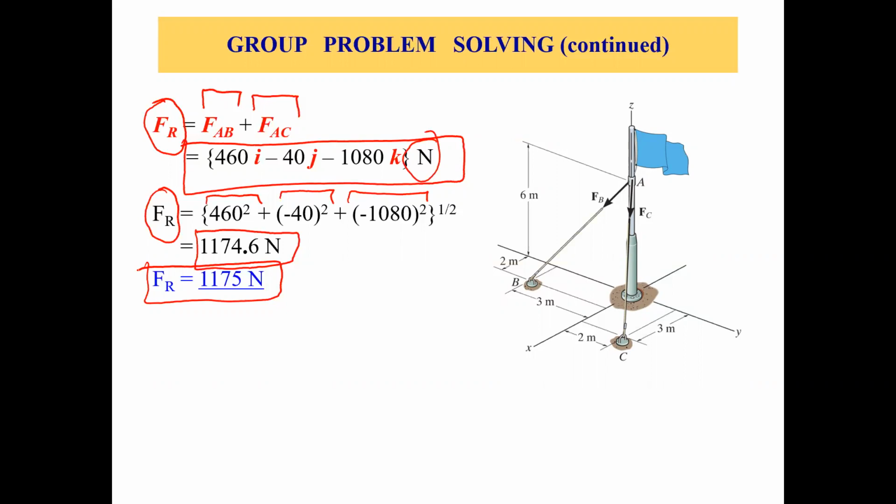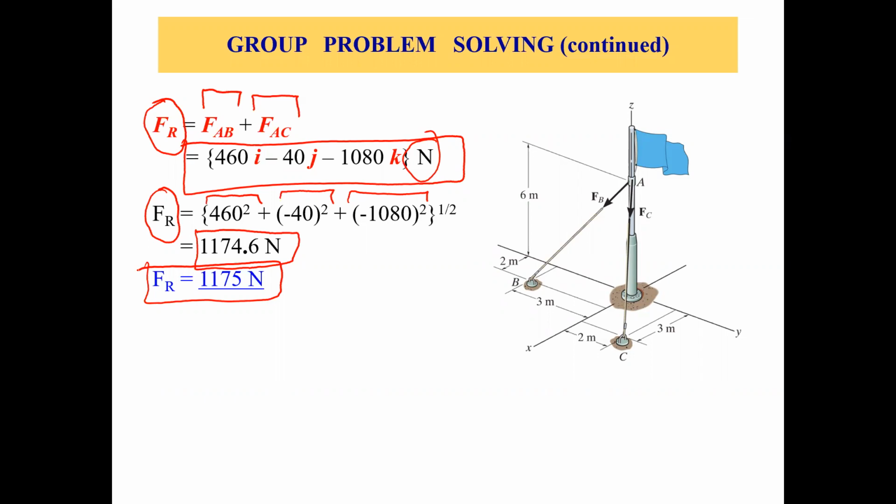Okay. And again, if you remember, we talked about, I think in the last lecture, why do we want to find out the resultant force, right? Let's say in this case, we have 2 forces, Fb and Fc. If we want to analyze this system or this flagpole, if it is stable or it is failing, if it is safe or it is unsafe, then we'll have to analyze this, right?